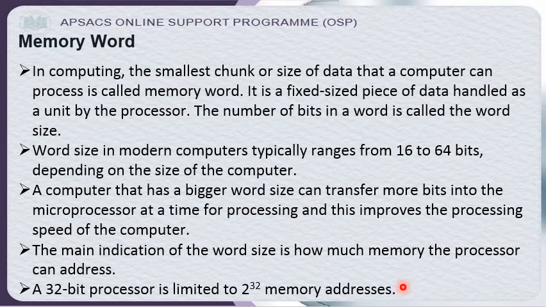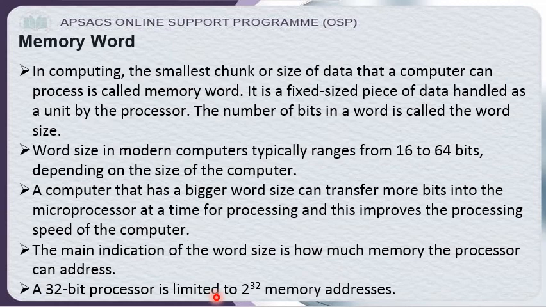If you have a Core i5 processor and you are using SDRAM, it will not work. It is necessary to use DDR2 or DDR3 RAM with that processor. We were discussing that a 32-bit processor has a limit of 2 raised to power 32.